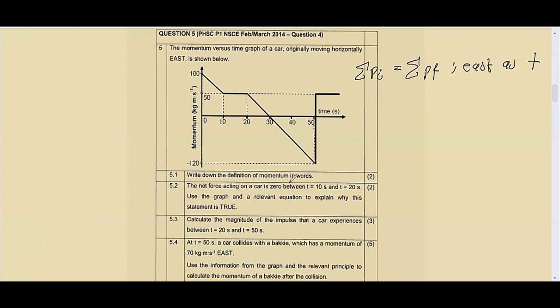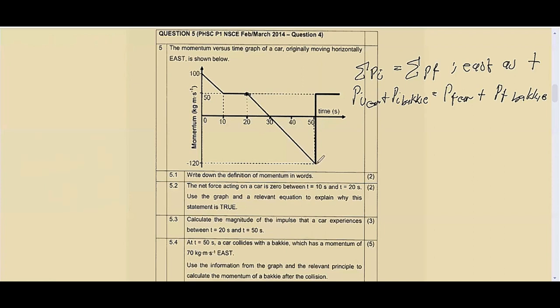Right. Now, what is the momentum initially for the car, plus the initial momentum for the buggy? This would equal the final momentum for the car plus the final momentum for the buggy. To substitute the initial momentum for the car, we go back to the graph.